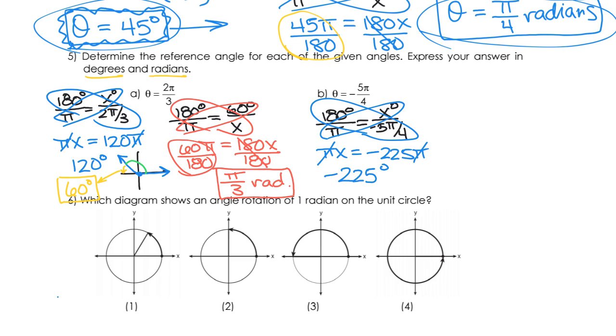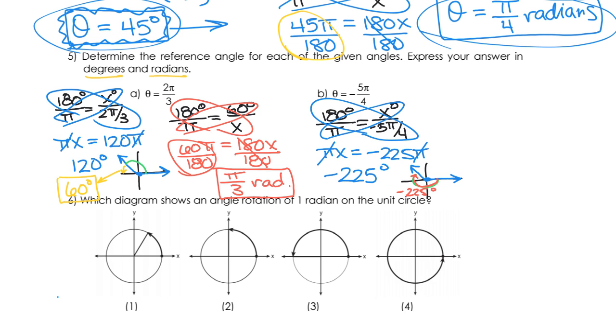So now we're going to go ahead and draw it out. So we have to remember that it's a negative angle, so we have to go down and around, okay? Down and around negative 180, negative 270, so it is in quadrant 2. Okay? This is our angle. I guess maybe I should have drawn it in red. Normally I draw my negative angles in red. So this is negative 225 degrees.